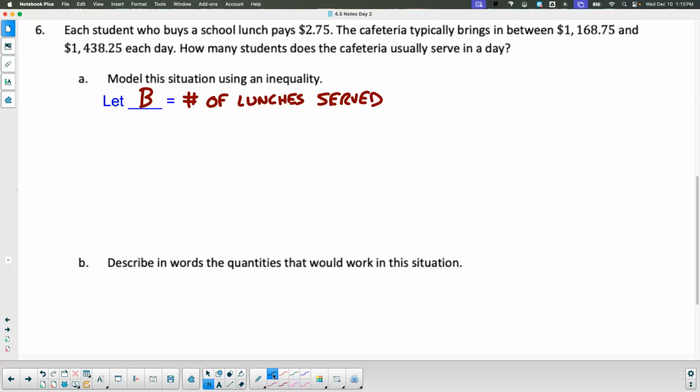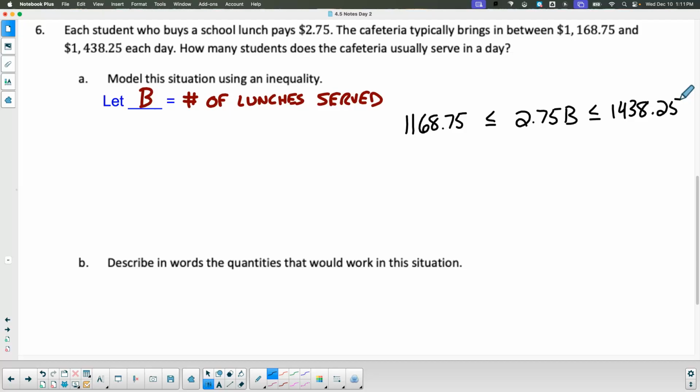It'd be 2.75B. Okay, that's the amount of money they take in. Each lunch that they sell costs $2.75. So that's how much money they make. Okay, now that number is sandwiched in between 1,168.75 and 1,438.25.